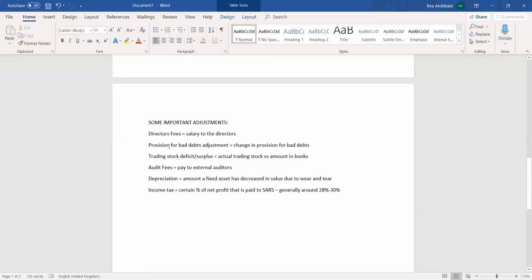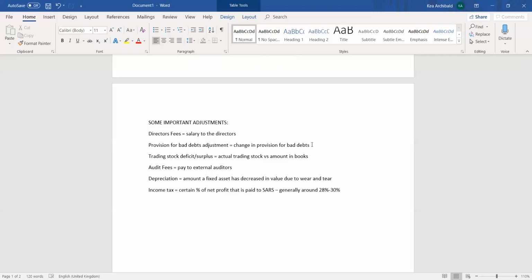We then move on to provision for bad debts adjustment. This amount is the change in provision for bad debts from last year's figure to this year's figure. Once you've calculated your new provision for bad debts, you would find the difference in this figure to last year's figure.